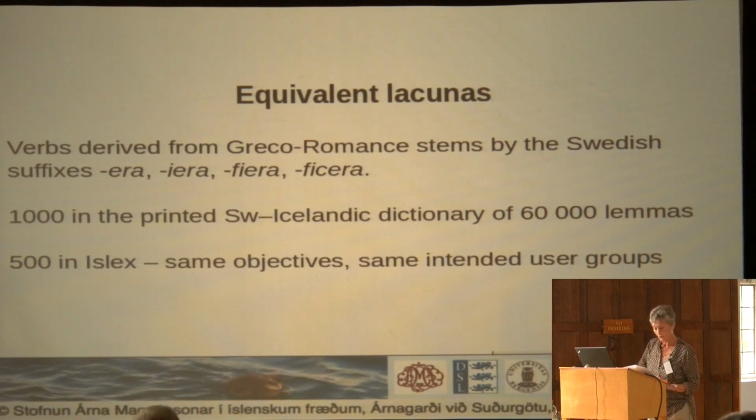From the Icelandic user's point of view, the Swedish -era verbs are tricky. In spite of being common in many Germanic and Romance languages and being part of the international vocabulary, many of these words are not in any way incorporated in Icelandic, not even the stems, or as participles or nouns.